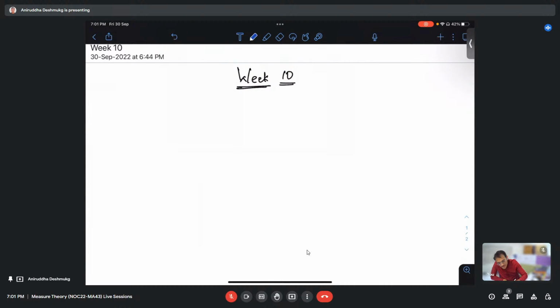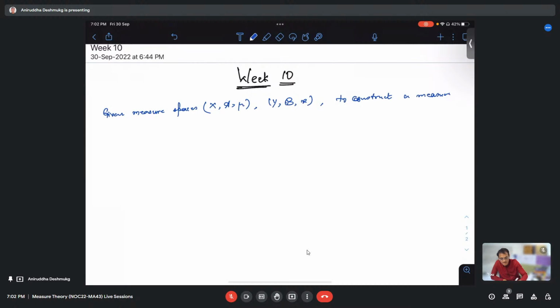So the basic problem was that given two measure spaces, given measure spaces (X, A, mu) and (Y, B, mu), where of course A and B are sigma algebras of measurable subsets, we want to construct a measure space X cross Y, some sigma algebra S, and a measure eta.